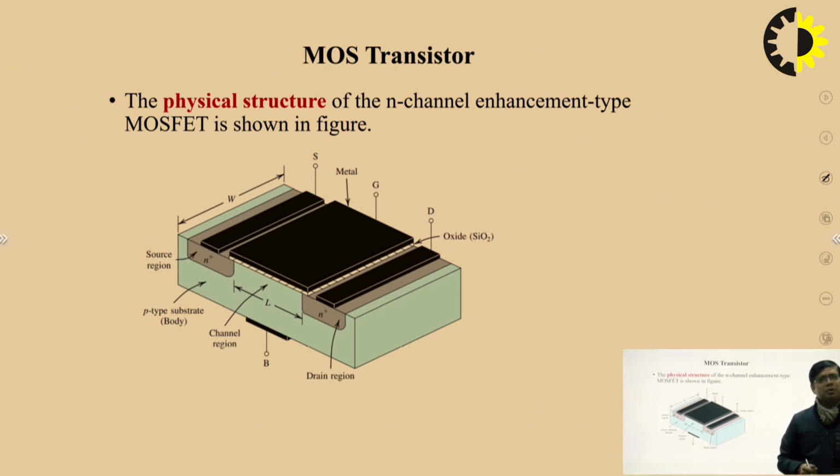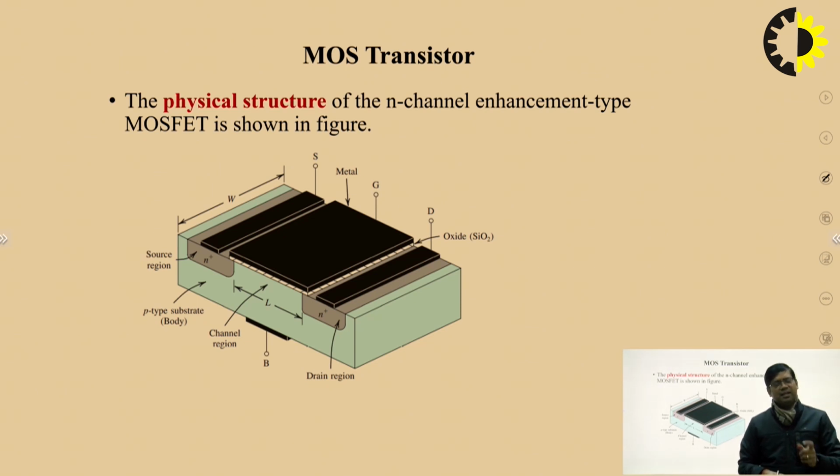If we classify MOSFETs further, they can be classified based on whether there is a physical channel created at the time of fabrication or not. If a channel is created at the time of fabrication, then that kind of MOSFET is known as depletion type MOSFET.